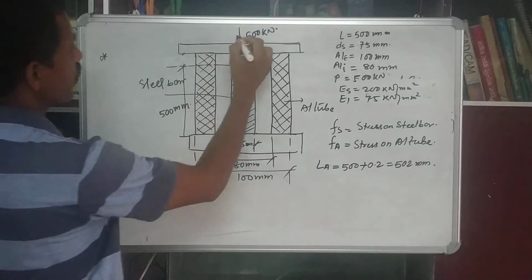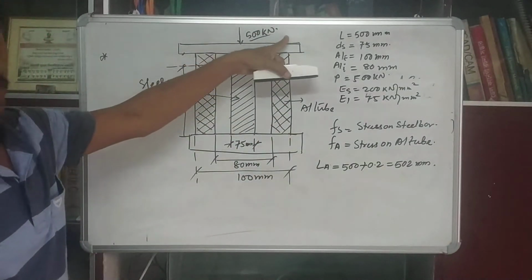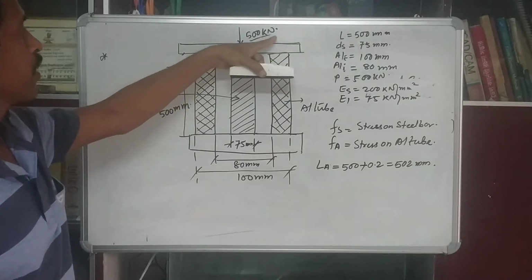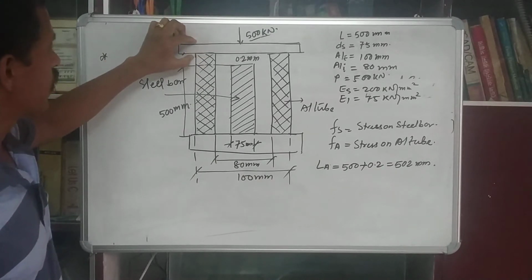As we are applying 500 kilonewton load, initially due to that load the aluminum tube will be compressed.